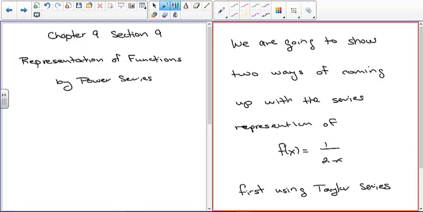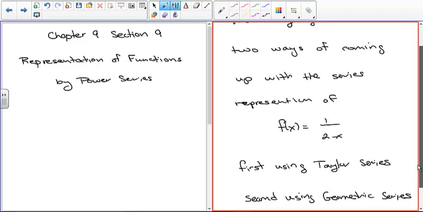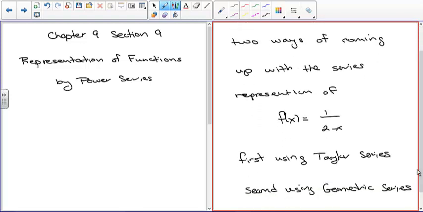This only works for a limited number of functions, and you'll see which ones they are in just a second. And then the second one is we'll use the technique that's discussed in this section, which is actually to use the results of the geometric series that we learned earlier.